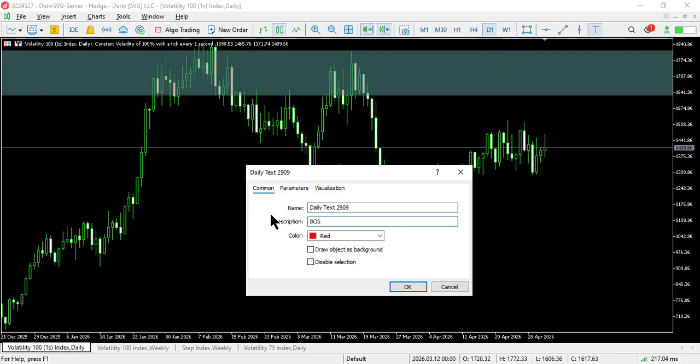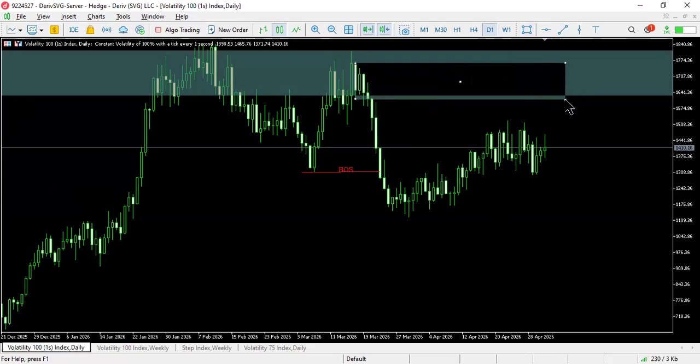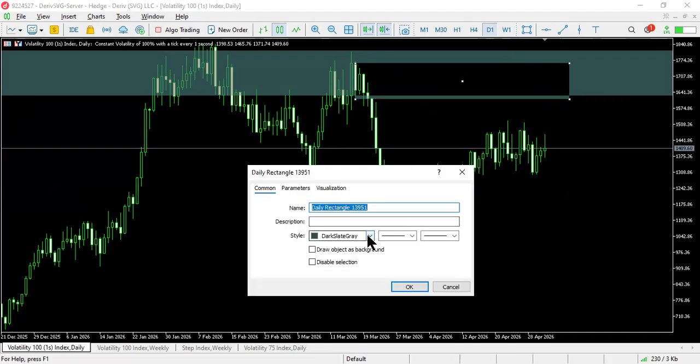So we have a break of structure. And then the other block which caused this internal break of structure is this other block that we'll be targeting.